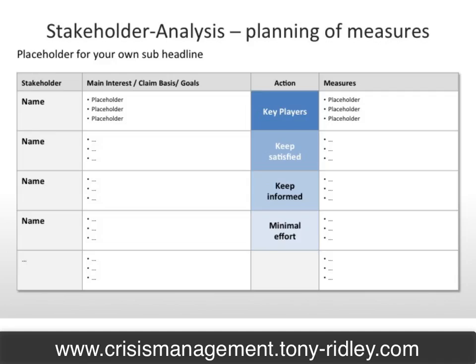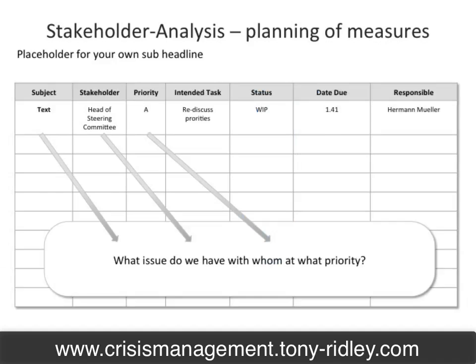So again, we need to identify, first of all, the outcomes, then the subject that we're going to communicate, the stakeholders themselves, their priority, what needs to be done, what their status is, when it needs to be done by, and who is going to implement it.